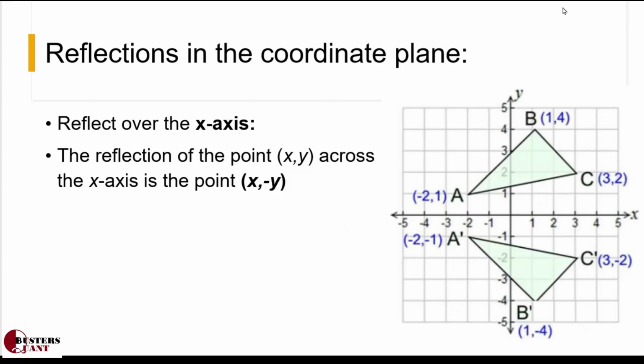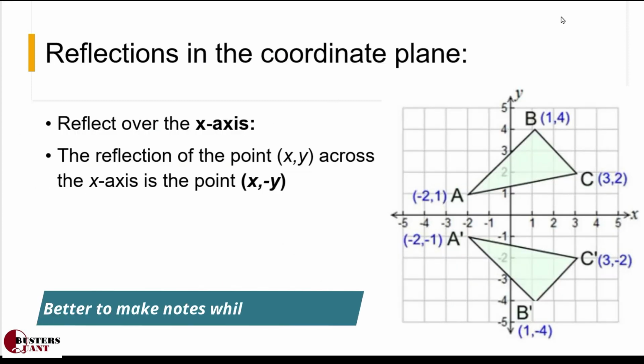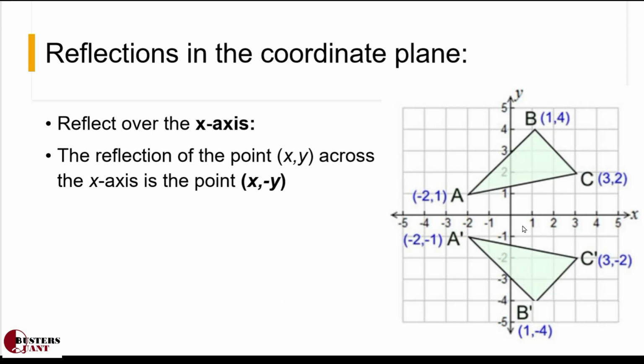Now the reflections in the coordinate plane. If I need to find the reflection of a point over the x-axis, reflection means the point will be on the same vertical line, and the distance from the axis will be the same. So we just need to put the minus sign here.